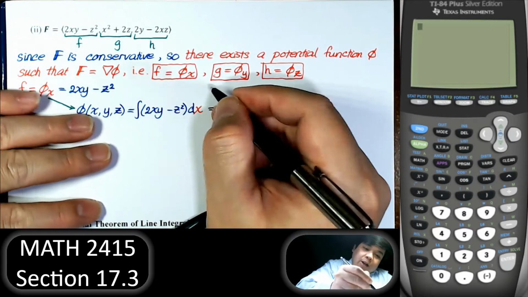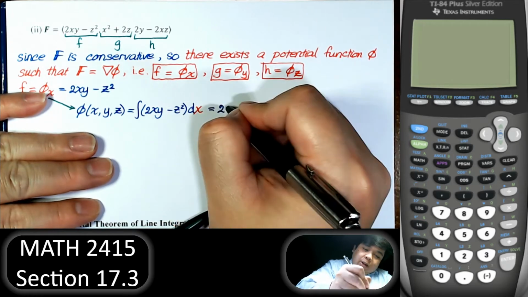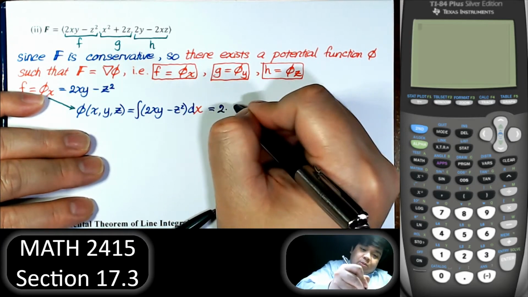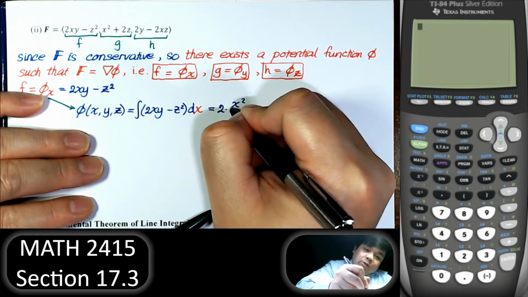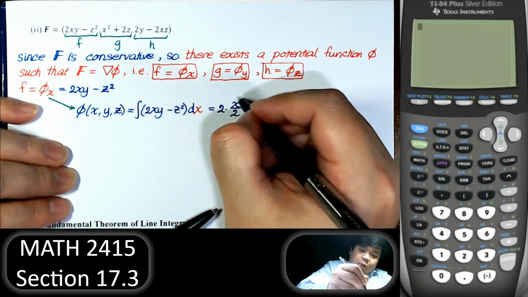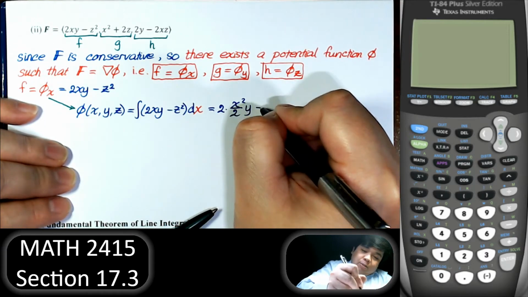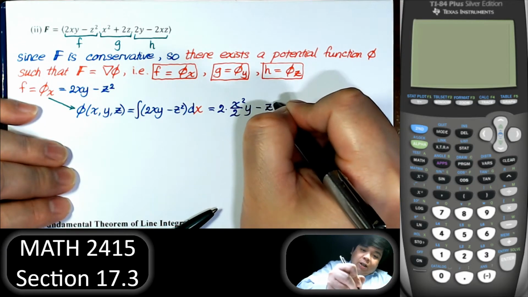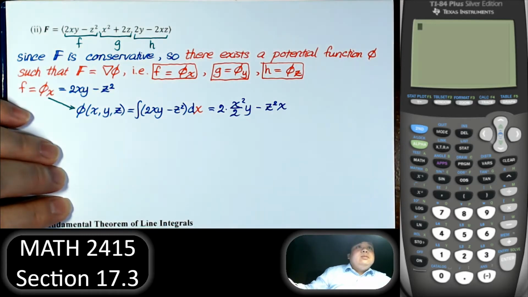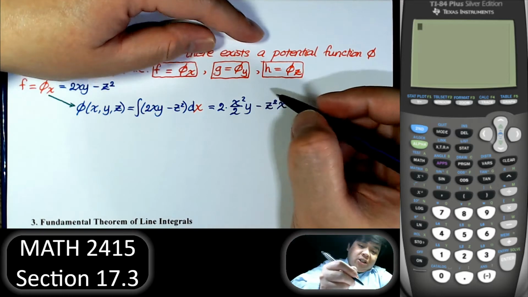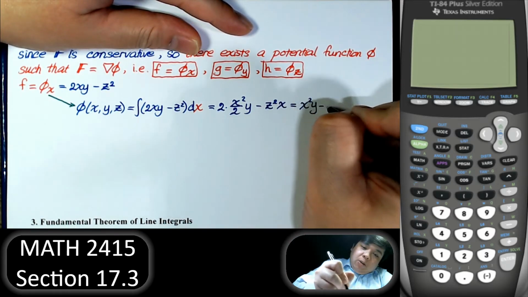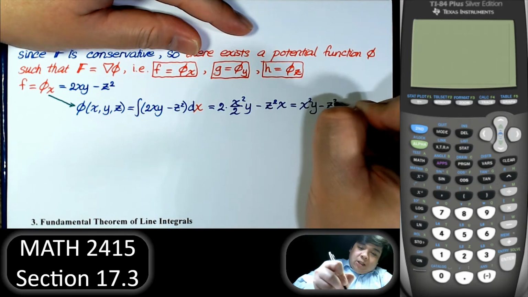Integrate 2x with respect to x. Only x is the variable, so x squared times y, and then minus z squared. We stick an x to it because z is a constant, z squared is a constant. So we have x squared y minus z squared x.